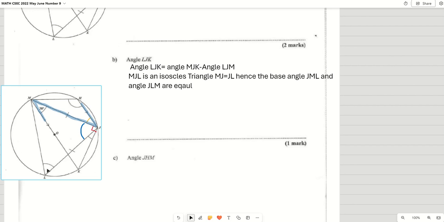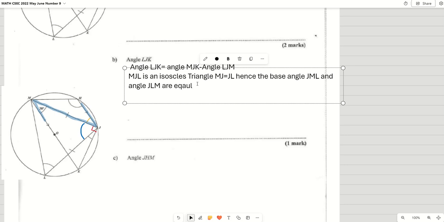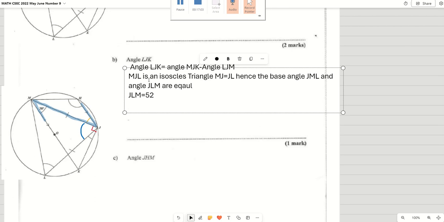We already found out JLM from above. So JLM is equal to, what was it? 52. So therefore, if JLM is equal to 52, then JML would also be equal to 52.